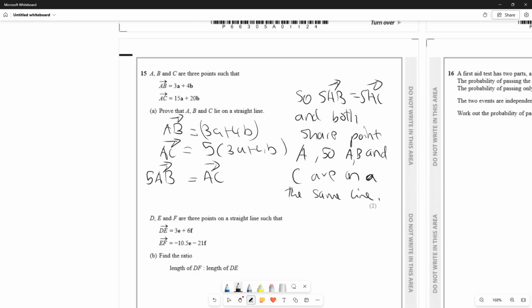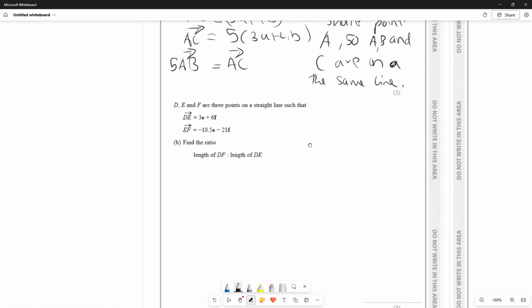Why did this work? Well, that's because they pass through the same point, and because they have the same direction vector, that means they also have the same gradient. We're wondering, if it's 5 times, surely it's steeper. When it comes to vectors, 5 times means you just add the same length, 5 times. That's it. So the gradient's still the same, it's just 5 times longer.